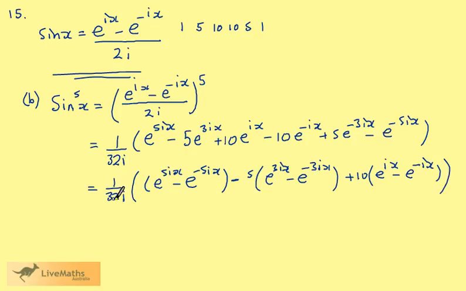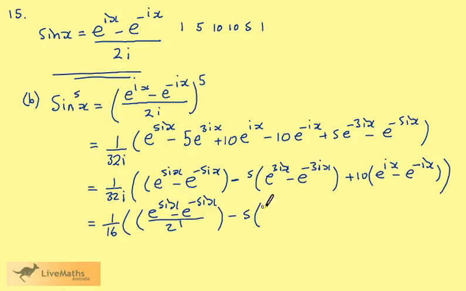Now if we take 2i from this 32i, we end up with 1 over 16 out here, and then this would become e to the 5ix, take away e to the negative 5ix over 2i.